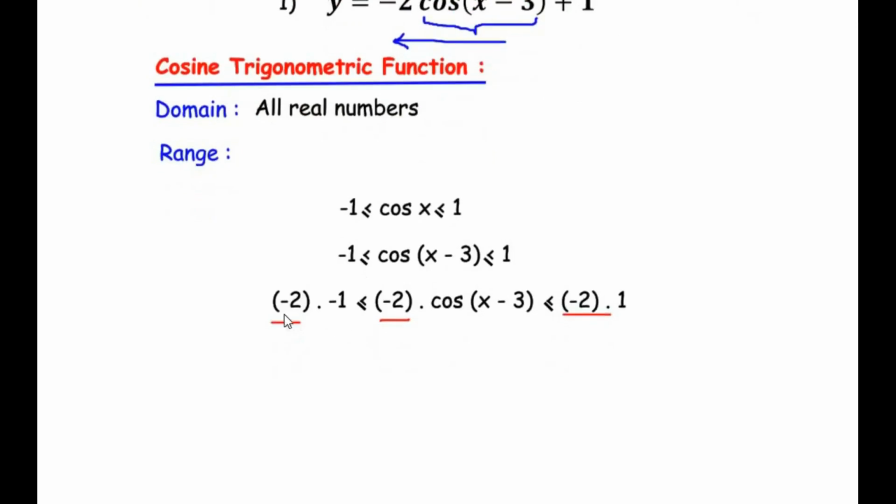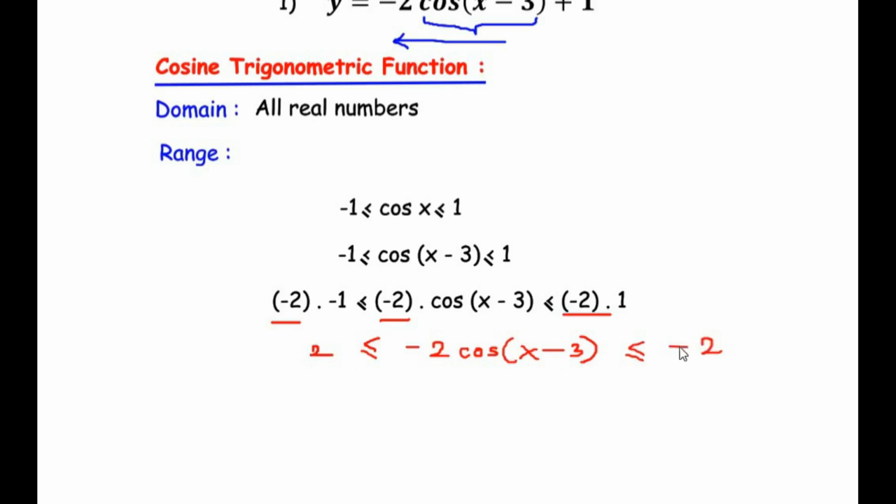Next, let us simplify this. So -2 times -1 gives us 2 ≥ -2 cos(x - 3) ≥ -2 times 1 is -2. Now whenever we are writing an inequality, we have to always write the smaller number on the left hand side and the bigger number on the right hand side.